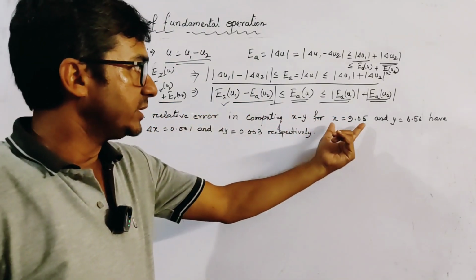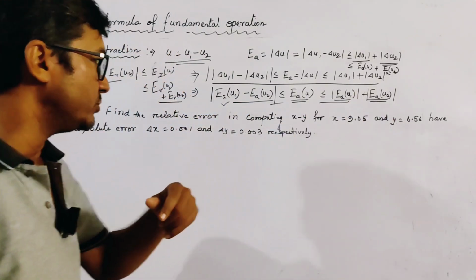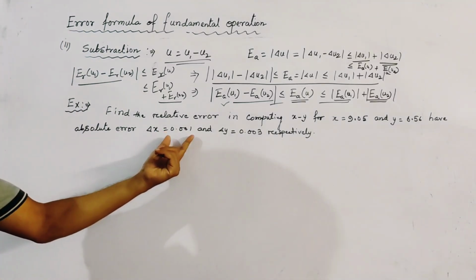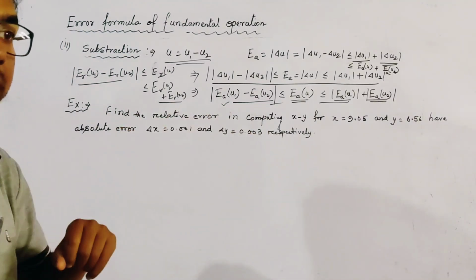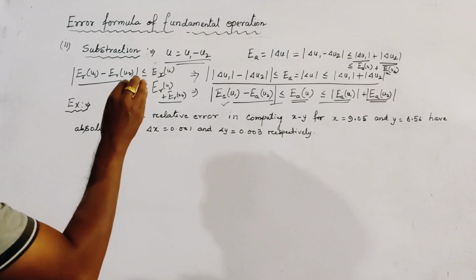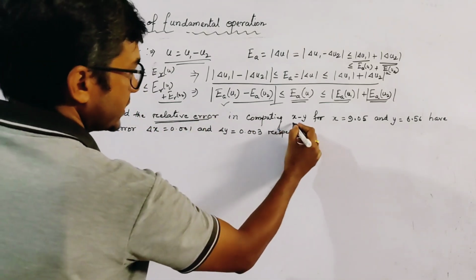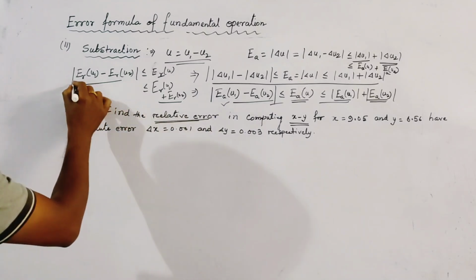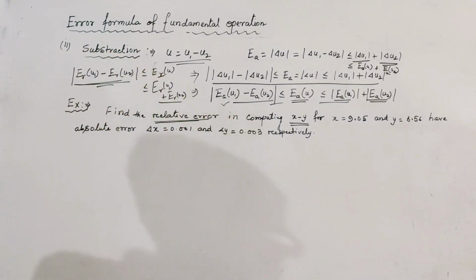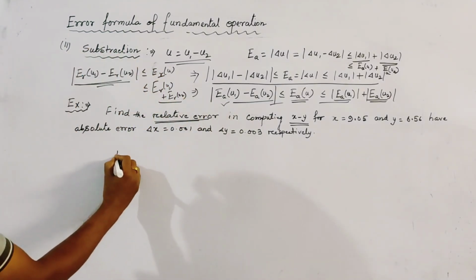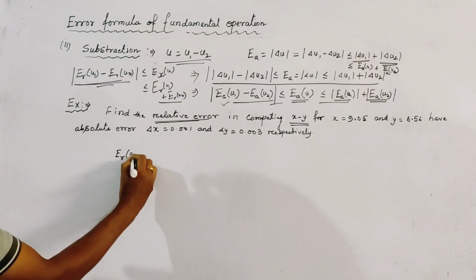Here x is given by this, y is given by this, and absolute error of x, this is delta x and delta y are also given. And in case of finding relative error, and for the case of subtraction, we must find the left side rather than the right side. Okay, and we first find relative error of x.